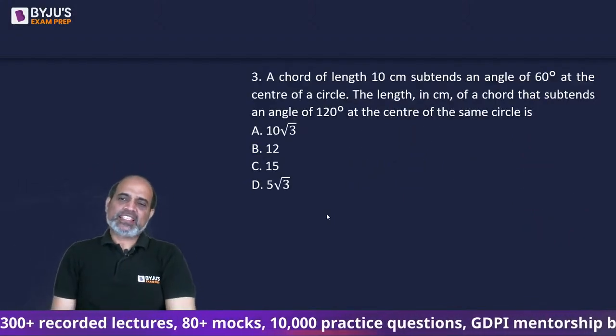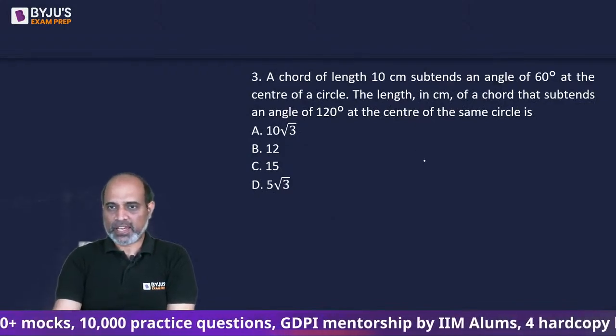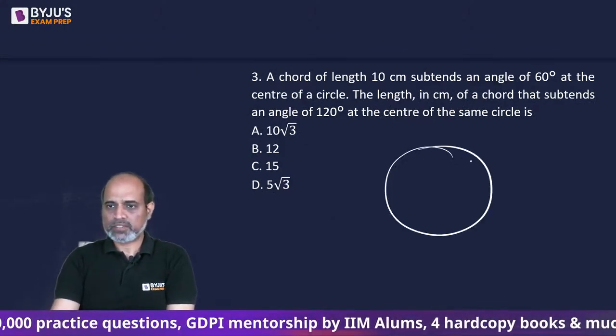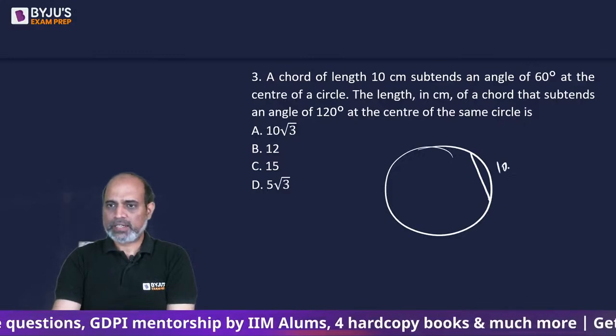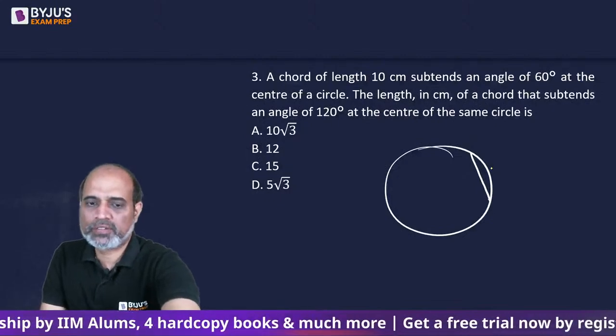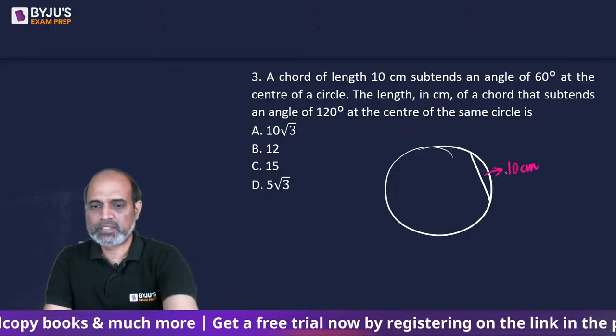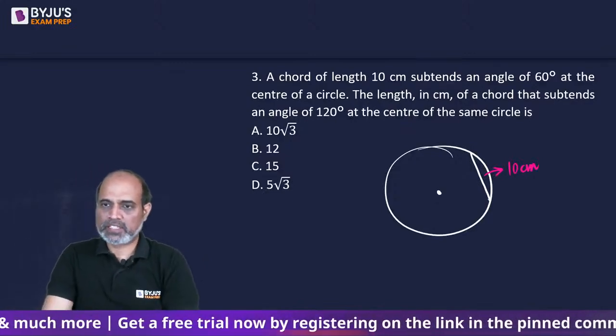A chord of length 10 cm subtends an angle of 60 degrees at the center of a circle. So we have a circle with a chord of length 10 centimeter. So I will use a different color for lengths, and this is being the center.